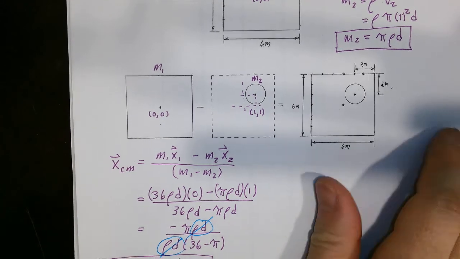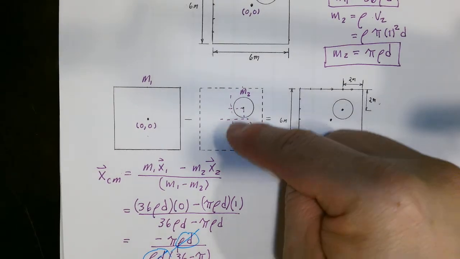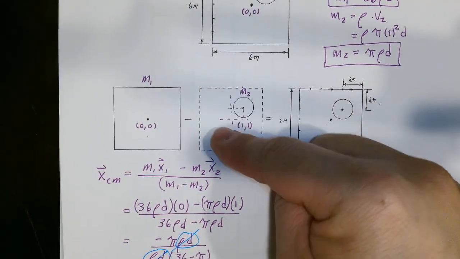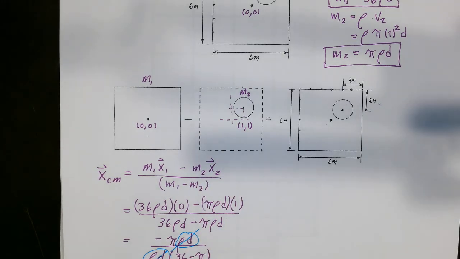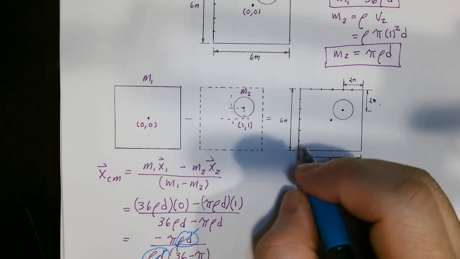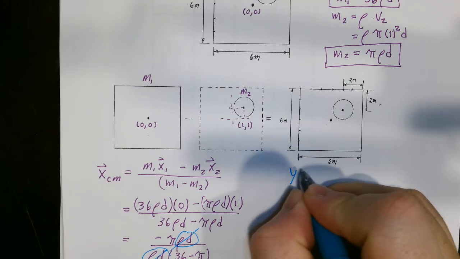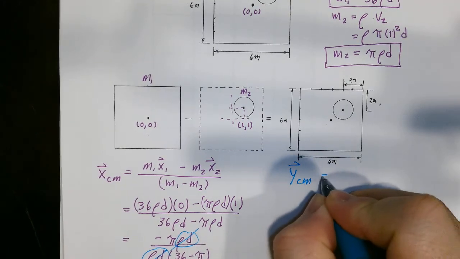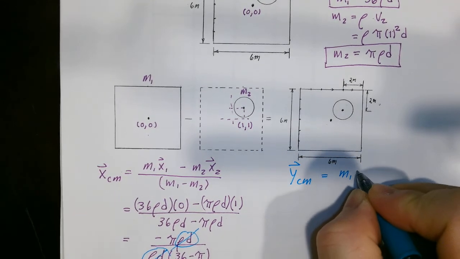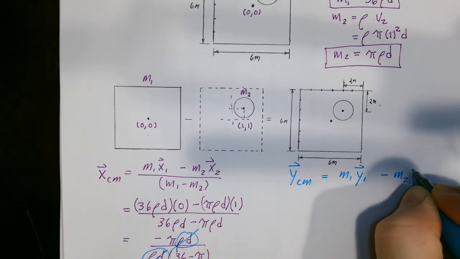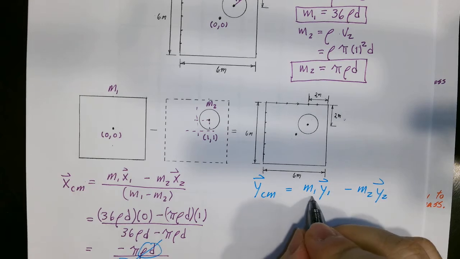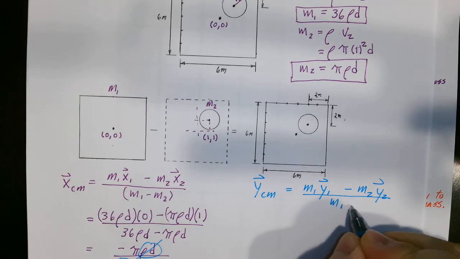Now for the y, you could see there's going to be symmetry here in the y. Let's do it. So y sub cm is equal to m1 y1 minus m2 y2 over m1 minus m2.